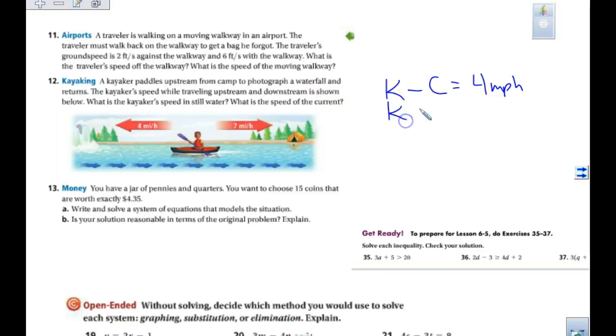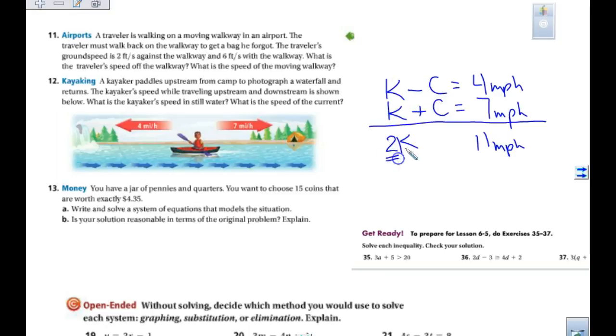Now, when we're going with the current, we are able to go 7. And again, yesterday, as I said, elimination is a perfect way to find the kayak in still water. The most common mistake that people will do is they'll go, oh, they're going 11 miles per hour. That's a little unrealistic. And this is not K, but it is 2K.